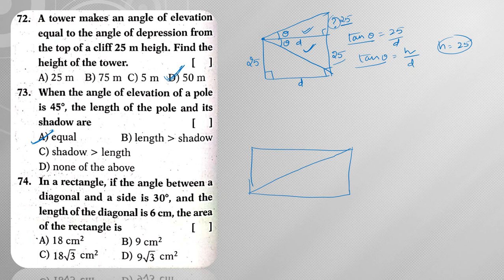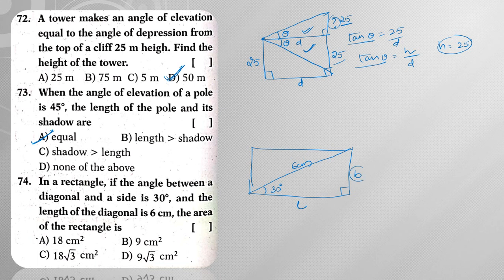The diagonal is 6 centimeters, that means the hypotenuse of the given figure. He is asking you to find the area of the rectangle. To find the area, we need to find the length as well as the breadth.